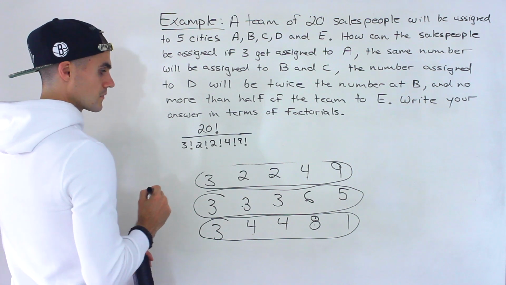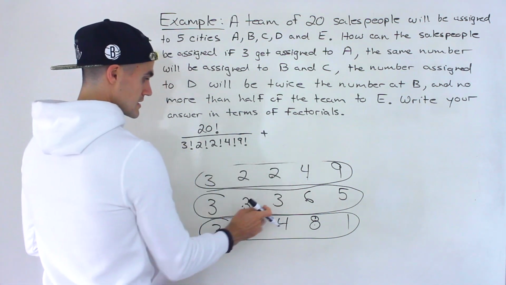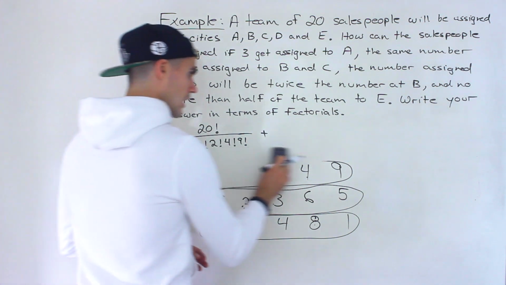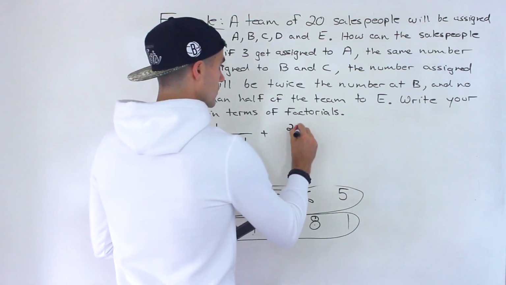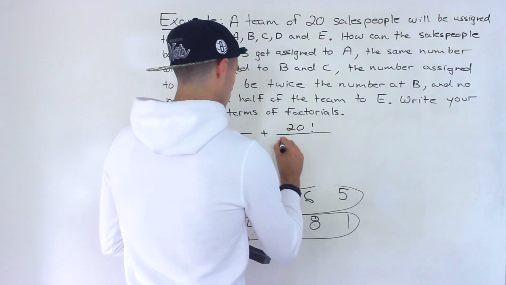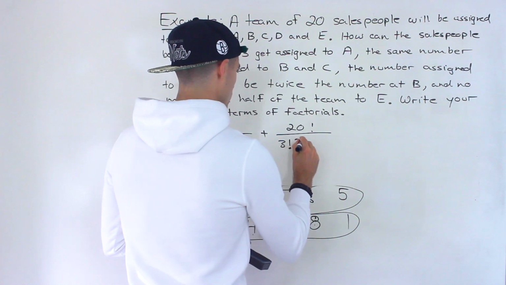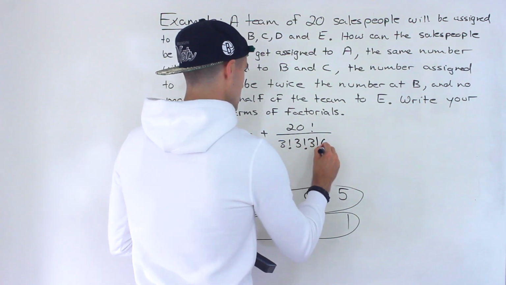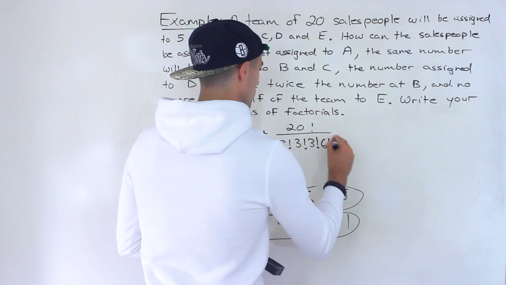And then the second case would be 20 factorial over 3 factorial, 3 factorial, 3 factorial, 6 factorial, and then 5 factorial.